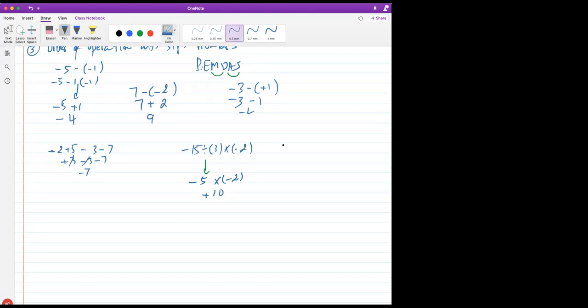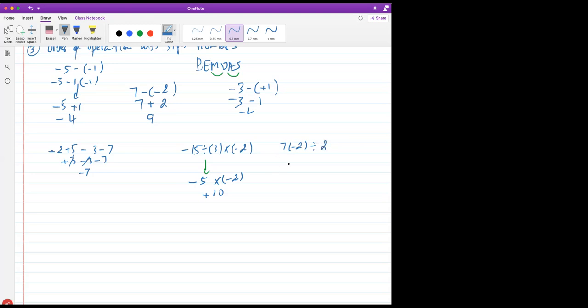You may also see something like this. Or divide by, okay, you can divide this by 2 also.